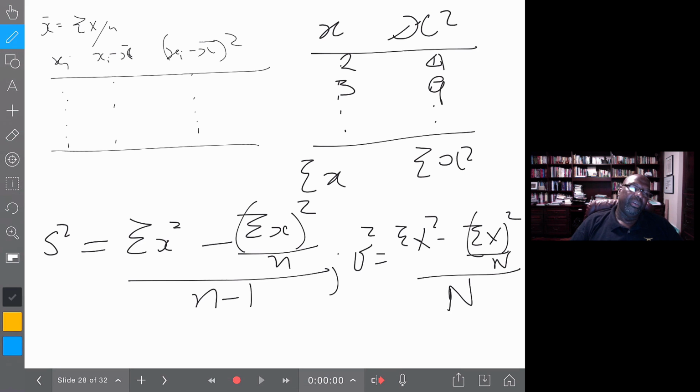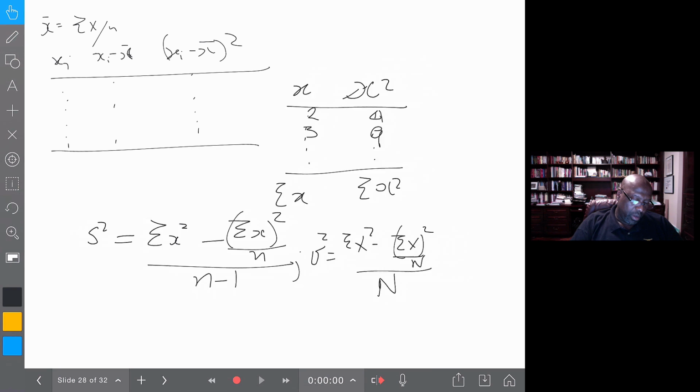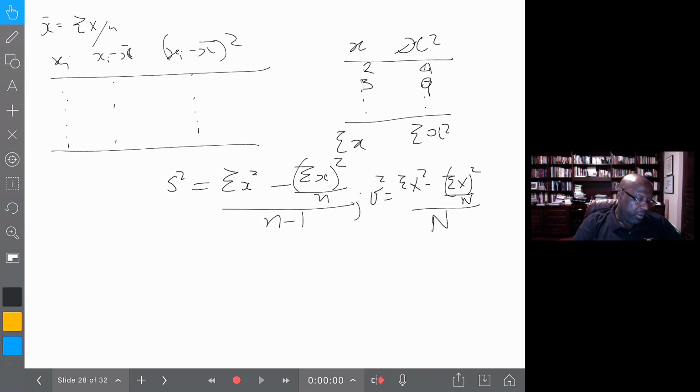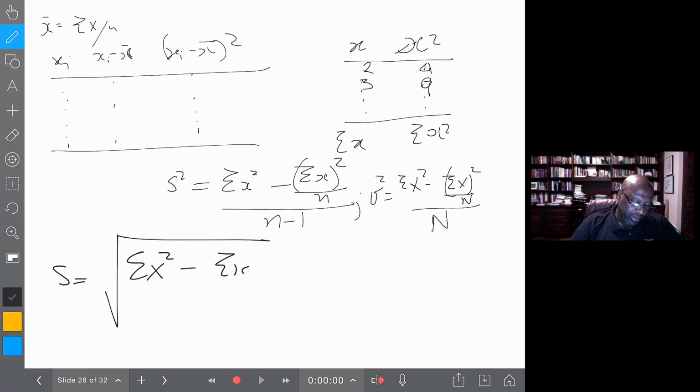Once we have the sample variance or the population variance, then sample standard deviation is just the square root of that. And I'll just do one of them. S would be the square root of the sum of the x squareds, minus the sum of the x's, all squared over n, divided by n minus 1.